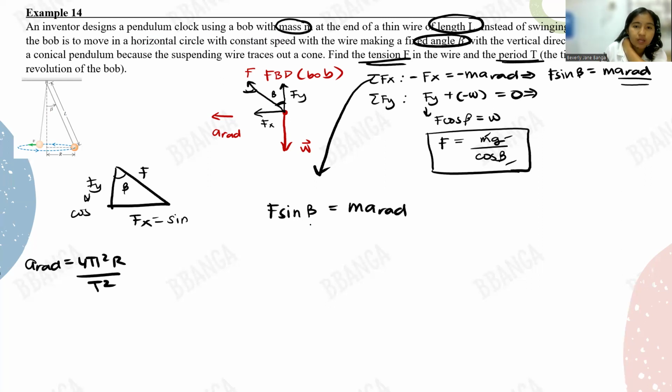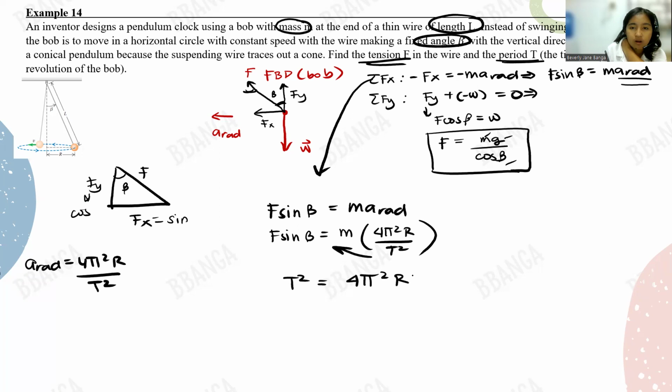Itong Fx pala muna. So I have F sin beta is equal to M times 4 pi squared R over T squared. Now, you need to take note, this T yung hinahanap natin. So, we isolate this, cross multiply. I have T squared is equal to 4 pi squared R M over F sin beta. Ngayon, alam na natin yung F kanina, di ba? F is ito, mg over cos beta. So, get the square root muna.